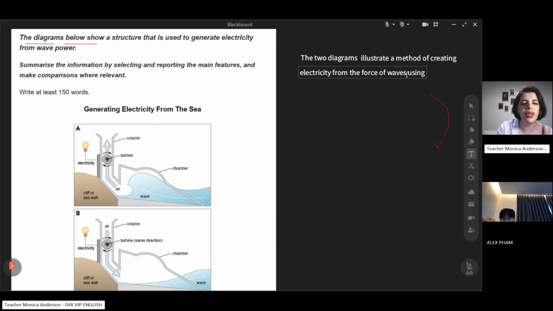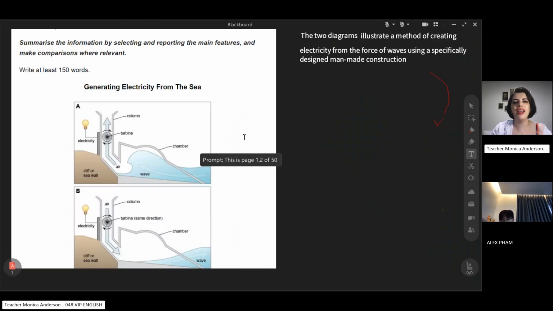For example, if you want, you can add it: using a specifically designed man-made construction. It's something like this, the system is made by people. Because of this, I added this part, but if not, you don't need it. So this is our introduction.